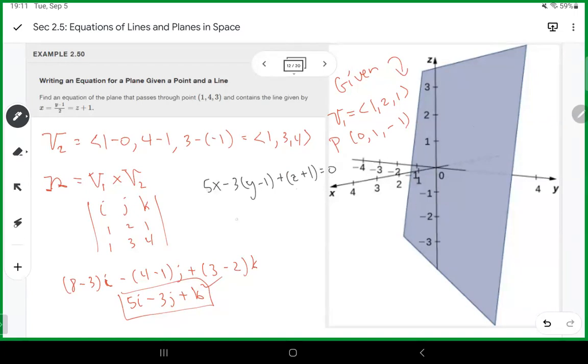And 5x minus 3y plus z plus 4 equals 0. Okay. All right.